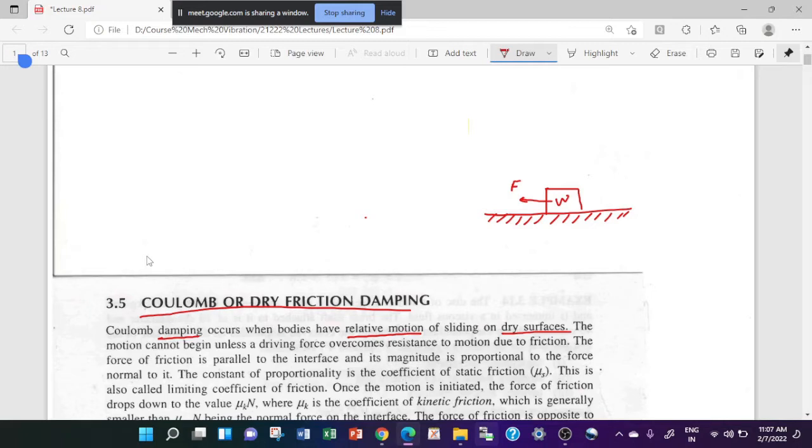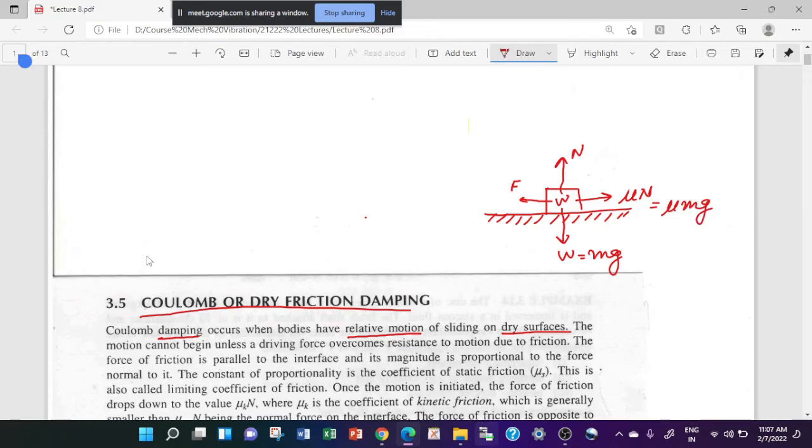At a certain level of F, the body will start moving, and at that point, suppose you have a gravitational force W, equal to mg here. Then you have a normal force to the surface N, and then a frictional force here. This is mu into N, nothing but mu into mg.